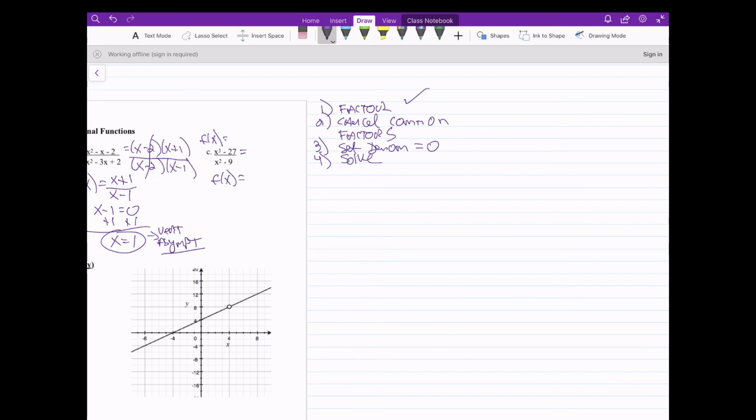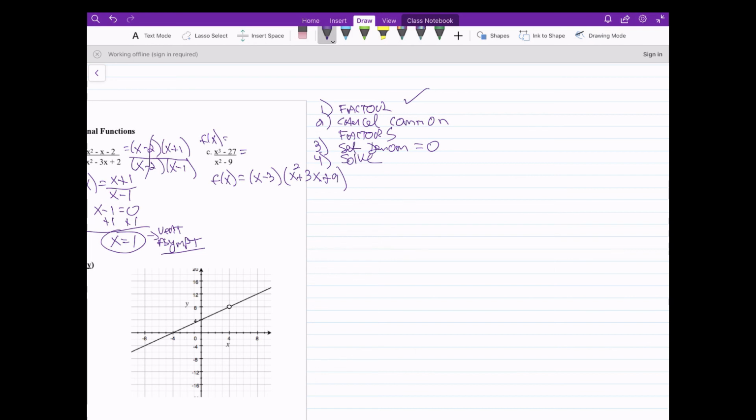To factor a difference of cubes, this would factor into x minus 3 times x squared plus 3x plus 9. So the second set of parentheses would factor into x squared plus 3x plus 9.